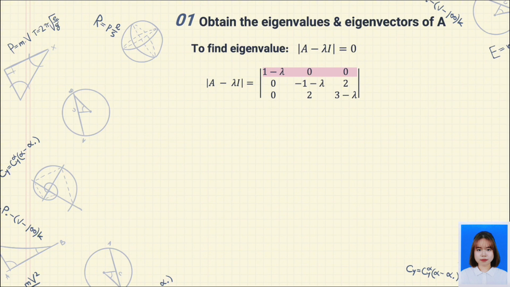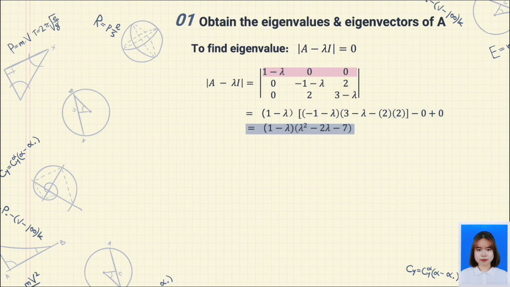So we will use the cofactor expansion along the first row to find the value of lambda. The first term we get is 1 minus lambda times negative 1 minus lambda times 3 minus lambda minus 2 times 2. Second, we will get 0. And third, we will also get 0.